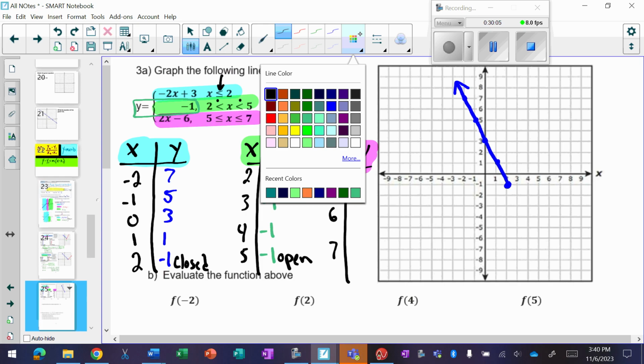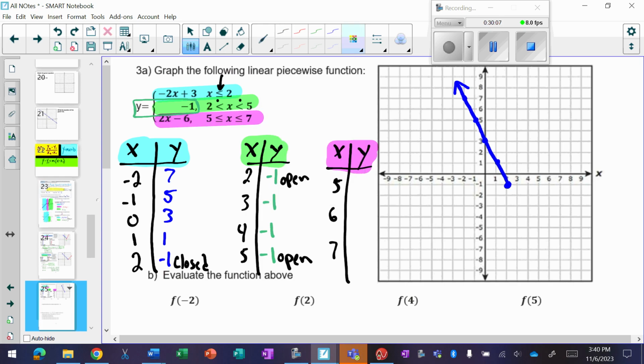And let's plot some dots. So 2, negative 1 puts an open circle where the blue dot was filled in. And then 3, negative 1, 4, negative 1, 5, negative 1. Oops, look at that. That's supposed to be an open circle at 5, negative 1. Connecting those dots, that's a horizontal line, as it should be.